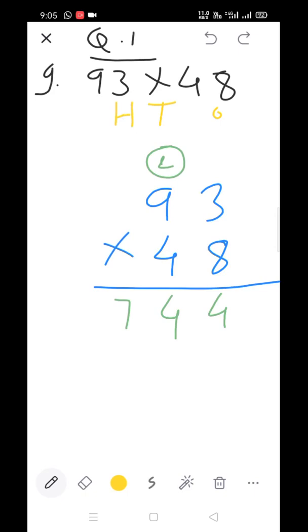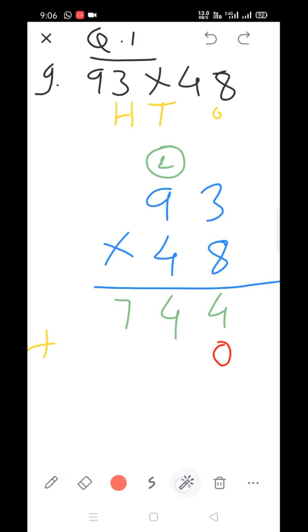Right? Next, we will have to multiply 4 with the 3 and the 9, but 4 is on the tens place. So firstly you have to write down 0 here.